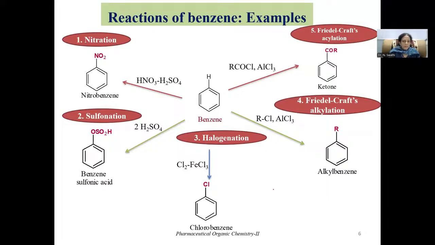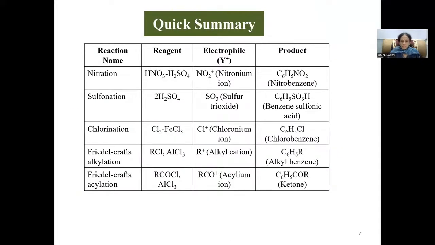Students, now that you have learned the general mechanism involved in electrophilic substitution reactions, and the mechanism involved in the nitration reaction, and all these 5 reactions, as a quick summary you can refer to this table. In the first column, I have given the reaction type, all 5 reactions: nitration, sulfonation, chlorination, and so on.